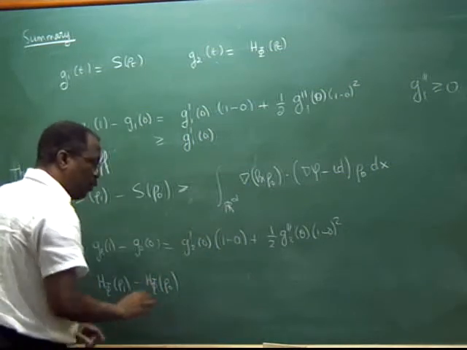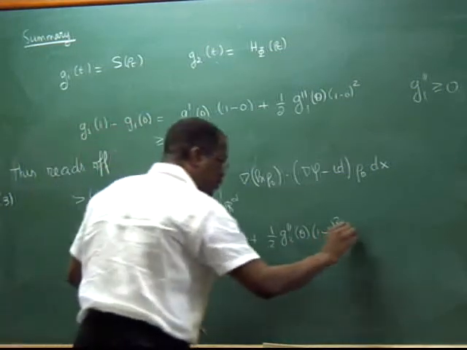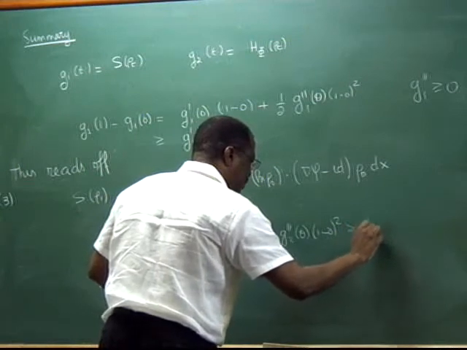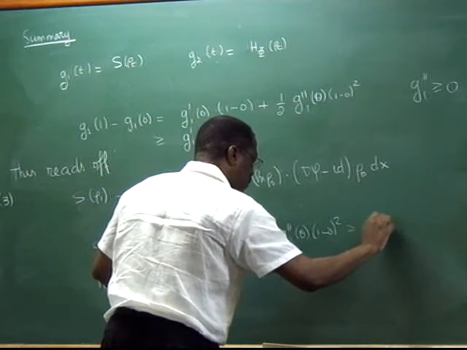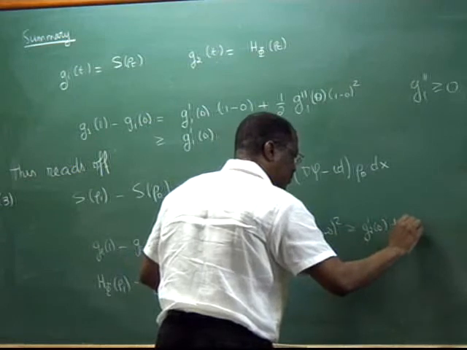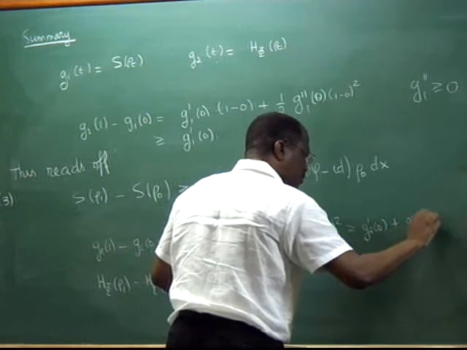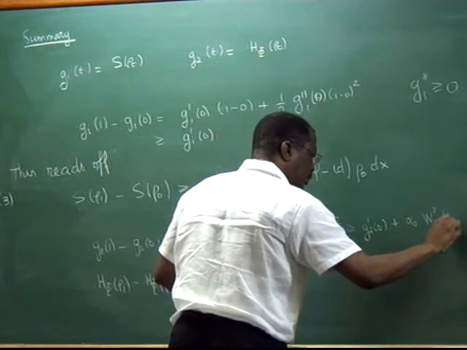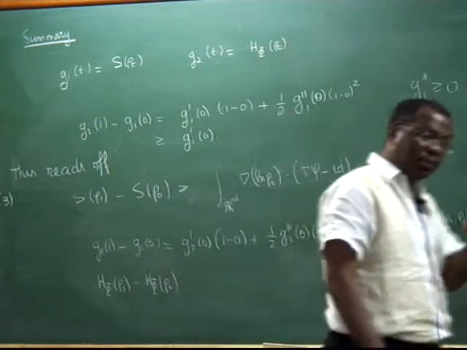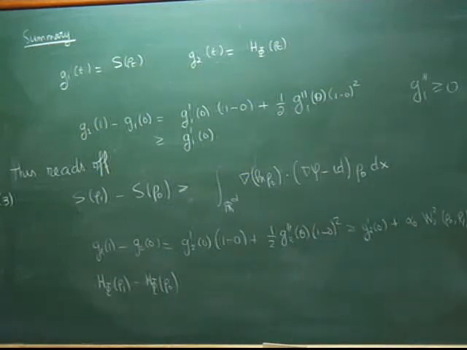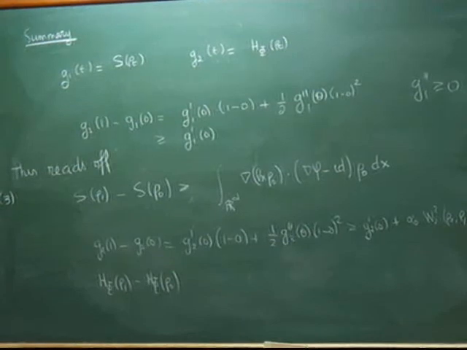This is greater than or equal to G2 prime of 0 plus alpha naught times the Wasserstein distance squared between rho naught and rho 1, because we have proven that G2 second is greater than alpha naught times the Wasserstein distance between rho naught and rho 1.